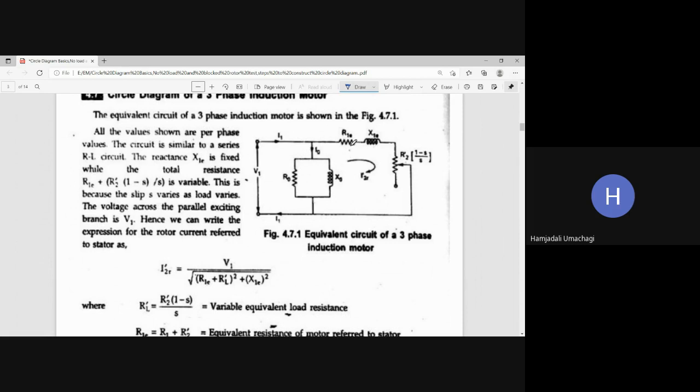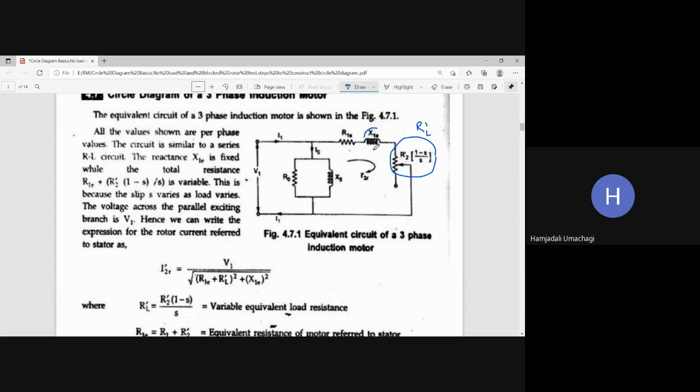So resistance is R1E plus RL dash. The whole mechanical load will be simply RL dash, where RL dash is R2 dash into (1 minus S) upon S. So the equivalent resistance here is R1E plus RL dash, where RL dash is equal to R2 dash into (1 minus S) upon S. The impedance is the square root of (R1E plus RL dash) whole square plus X1E square.